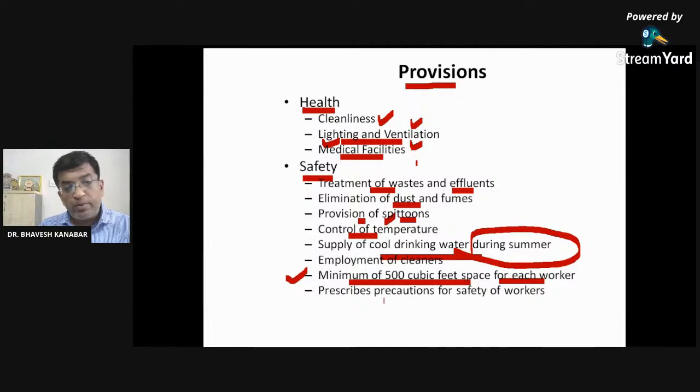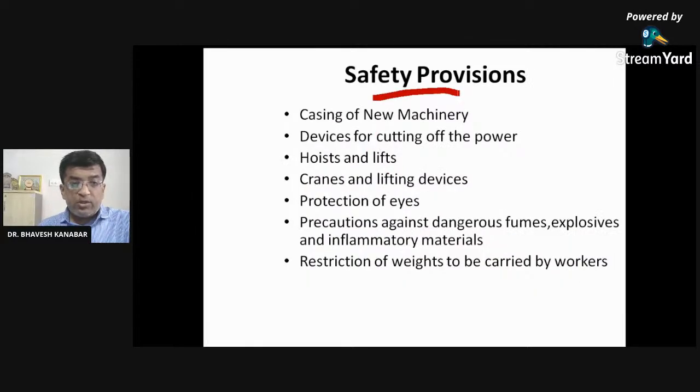The Factory Act also prescribes the precautions for the safety of the worker, right? Safety provision, casting of the new machinery. I have given the example in previous part 1 of one movie, which starred Amitabh Bachchan. I think Coolie is there, if you remember that movie, because of the old machinery, there was an accident, right?